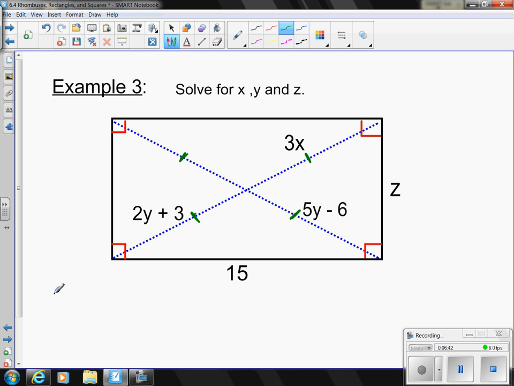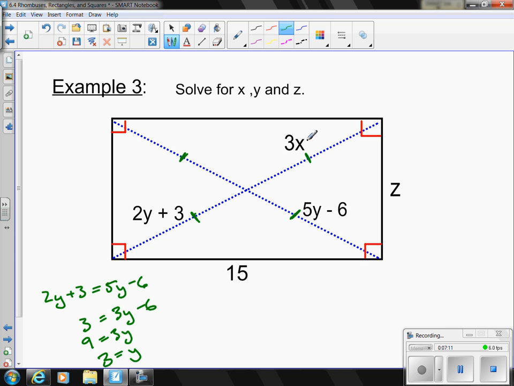So we can start by writing an equation where we say 2y plus 3 equals 5y minus 6. This part of the diagonal has to equal that part. Subtract 2y from both sides and add 6. Divide by 3. We get y is 3.